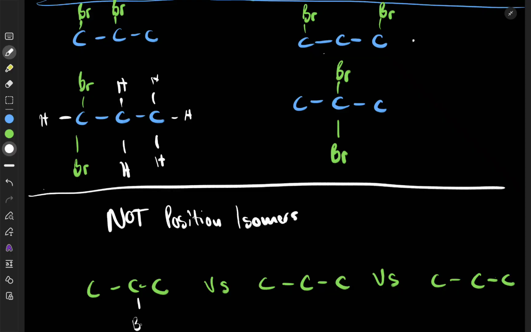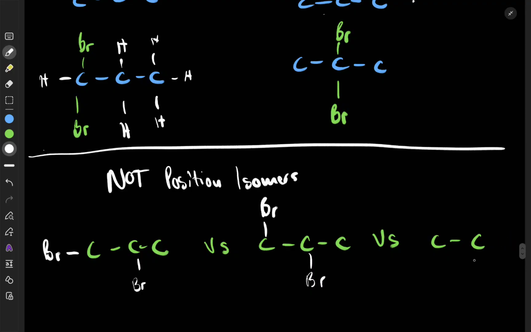Let's say Br is here and the other Br is here. Then here we are going to have a Br up here and a Br down here. Or we can have a thing like this, where I put a Br here, a Br here, and another Br here, or even like this. Then I can put hydrogens however I want.